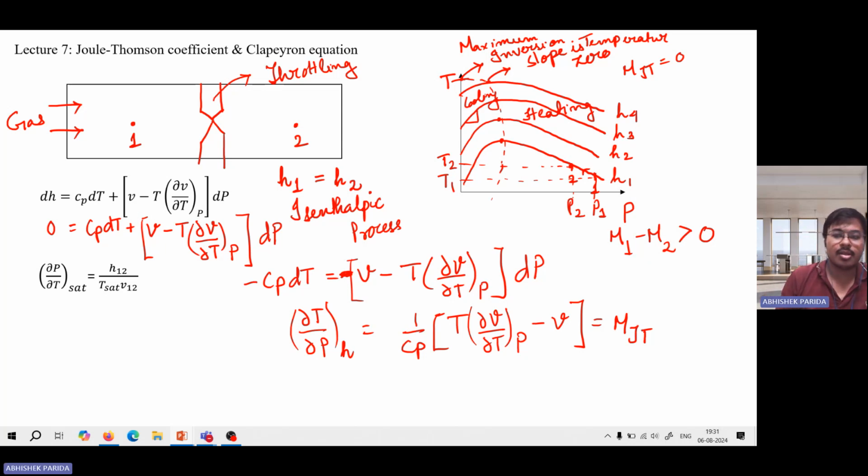That means T2 is reducing. This is negative, this is positive.